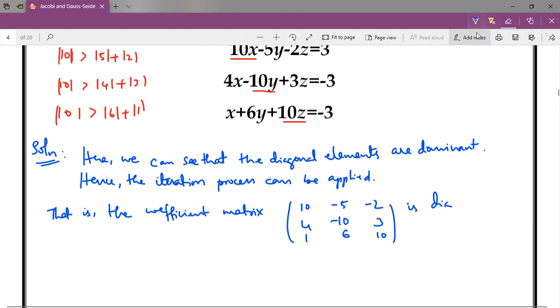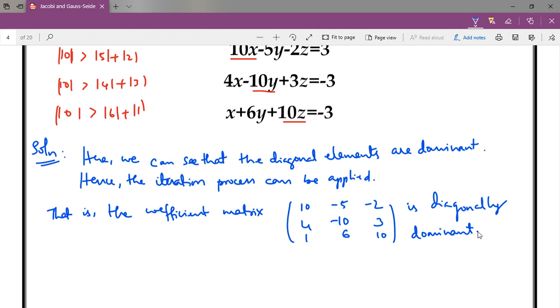This is the condition we have to write. That means we have to check this condition before going for the iteration process. Diagonally dominant. How do we say that this is diagonally dominant?